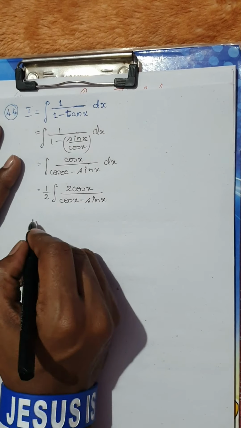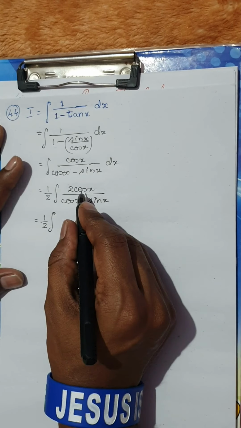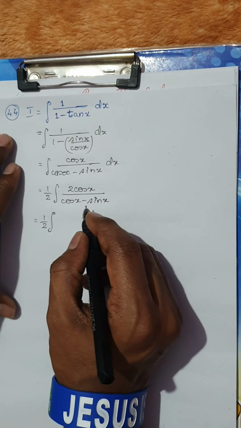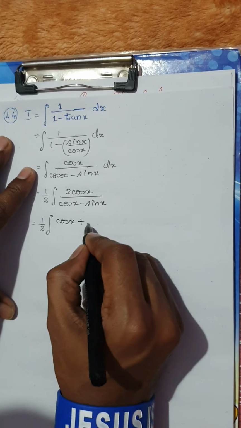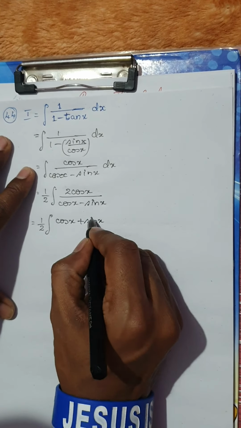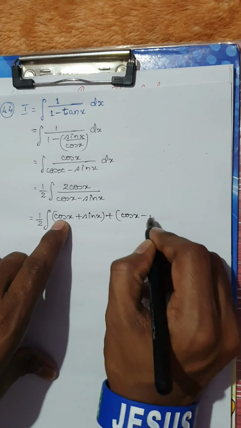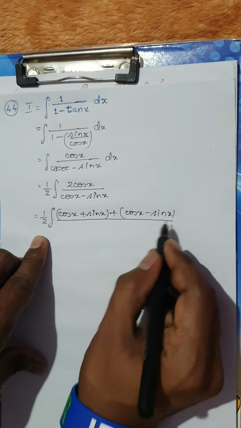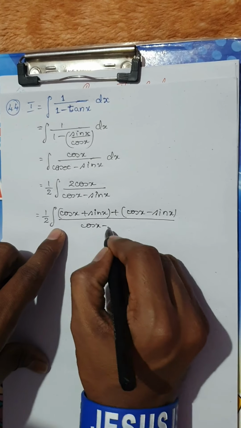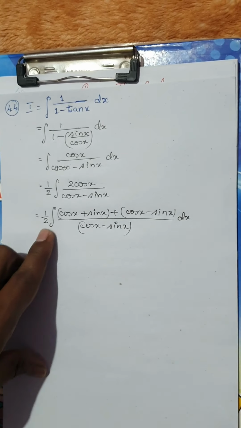As I did in the previous question, I am going to write this 2 cos x as cos x plus cos x. So I will get cos x plus sin x plus another cos x, but here I would subtract sin x, whole divided by cos x minus sin x dx.